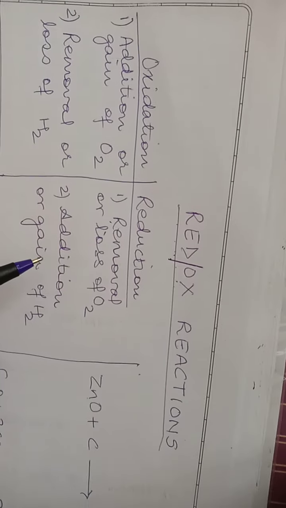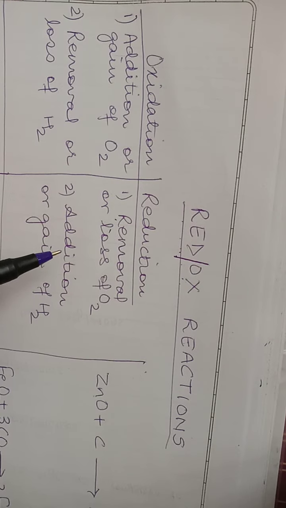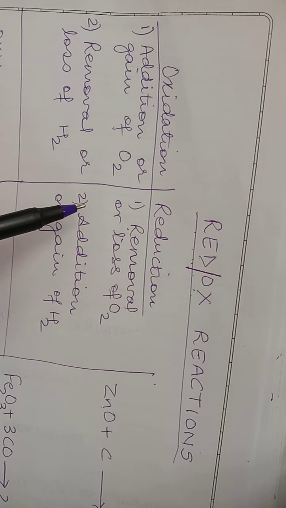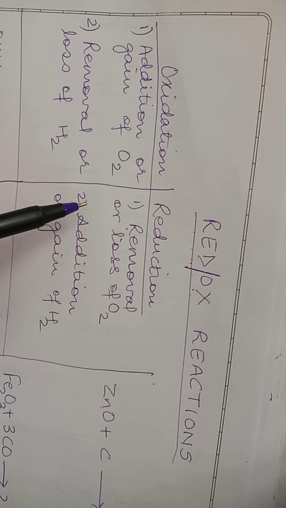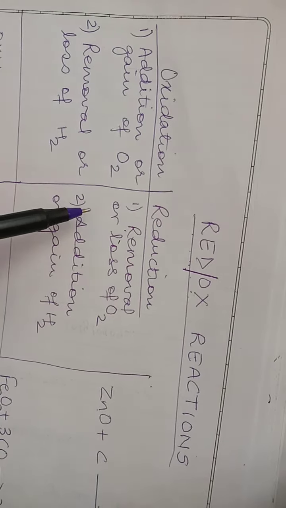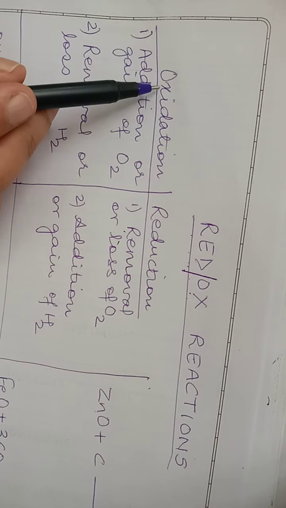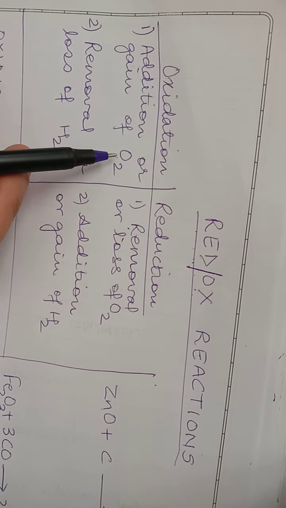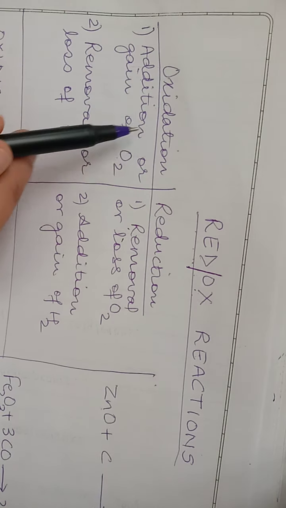Now, first of all, we need to understand the meaning of oxidation and reduction, to be able to identify their occurrence in a given chemical reaction. If you see addition or gain of oxygen in a substance, we call it oxidation.